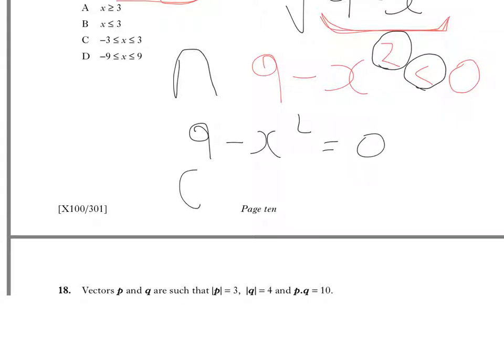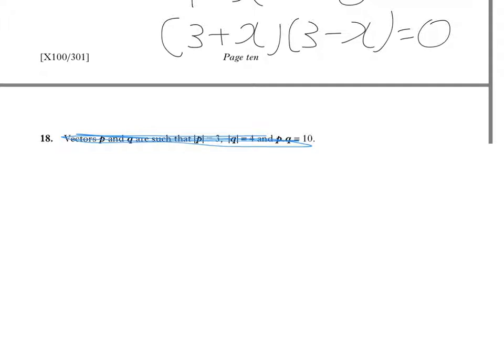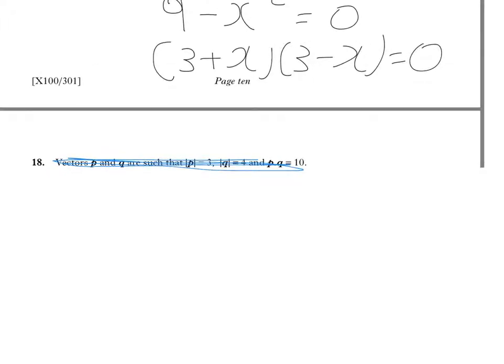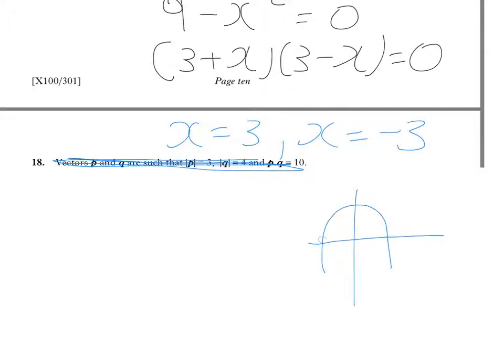And I can do a difference of squares here, so it's going to be bracket 3 plus x, bracket 3 minus x. That will then give me a root of x equals 3 and a root of x equals minus 3. I know that it's an upside down U-shaped parabola, so that's what that will look like.